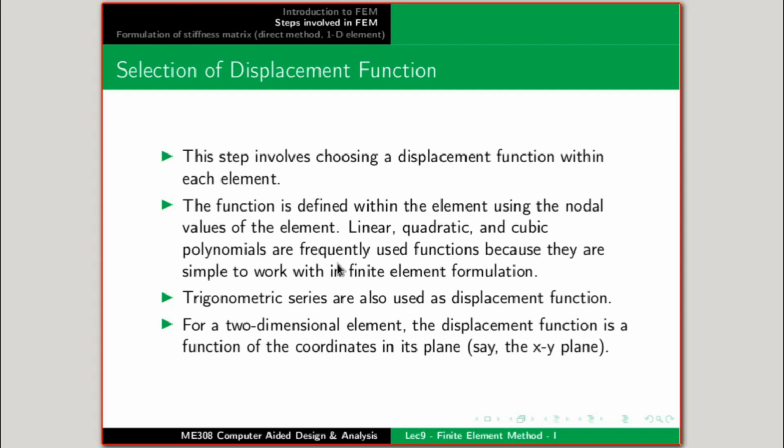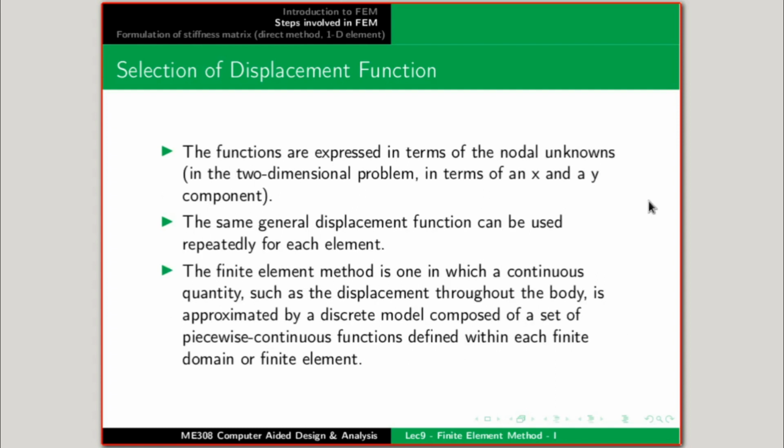In FEM, a continuous quantity such as the displacement throughout the body is approximated by a set of piecewise continuous functions defined within each element. That means in FEM, we are getting the displacements as the solution. So for getting that solution, initially we have to approximate some functional form for this displacement. This is the same thing I have just discussed.